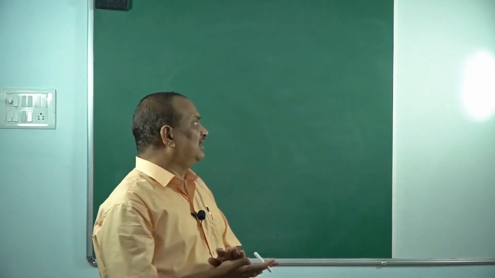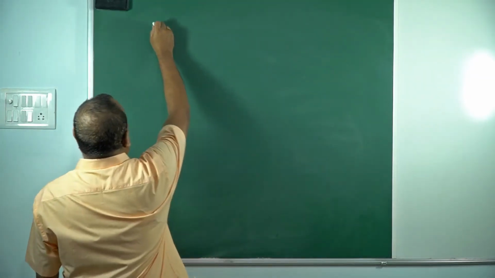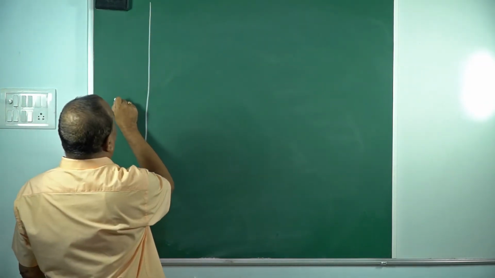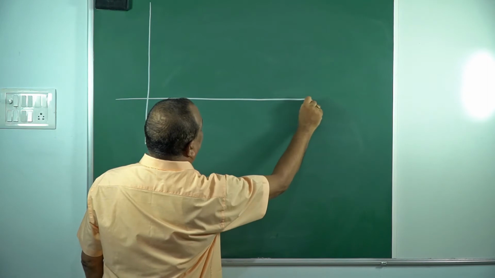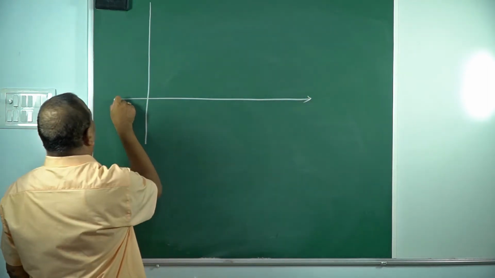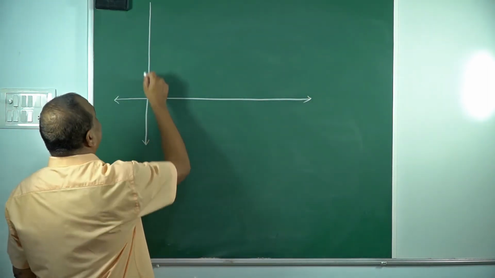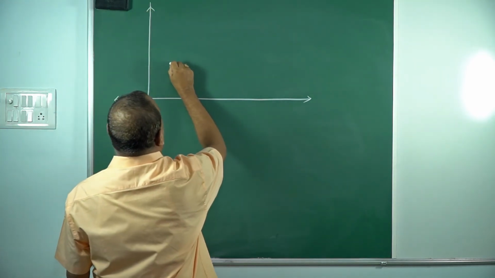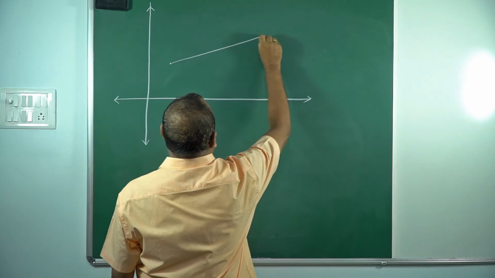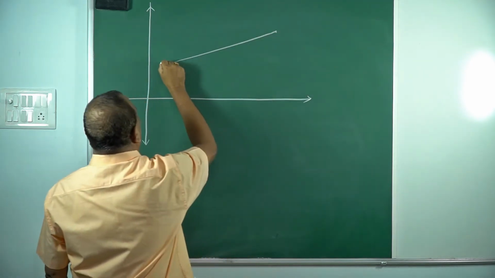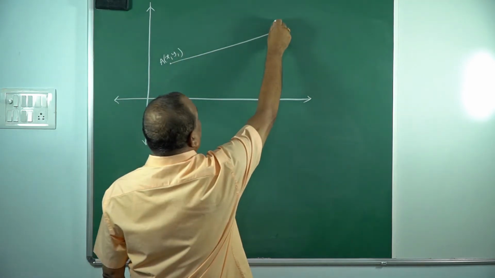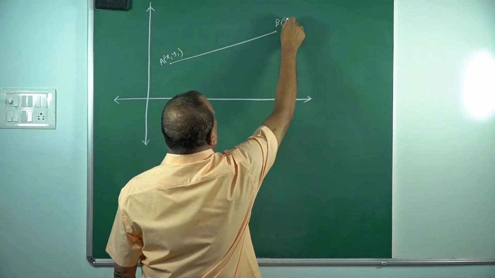That's what we have to draw now. So this is my x-axis, y-axis. This is the Cartesian plane we are talking about. And there are 2 points here, A and B. A is at x1, y1 and B is at x2, y2.